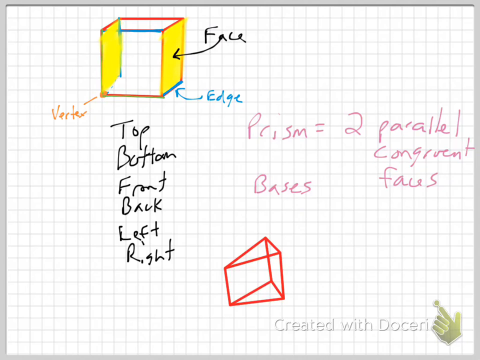How is it a prism? Where are the two congruent faces? Where are they? The top and the bottom in this situation. Do you see that the top and the bottom are parallel and they are congruent? Do you see it? You have to be able to see this.